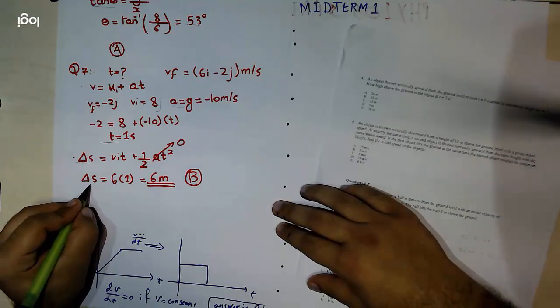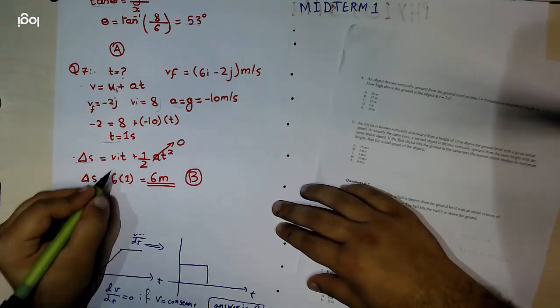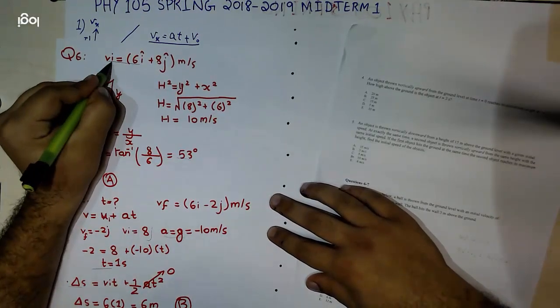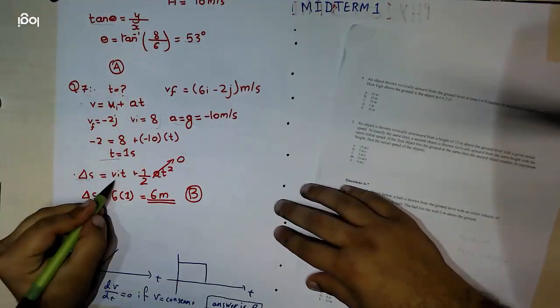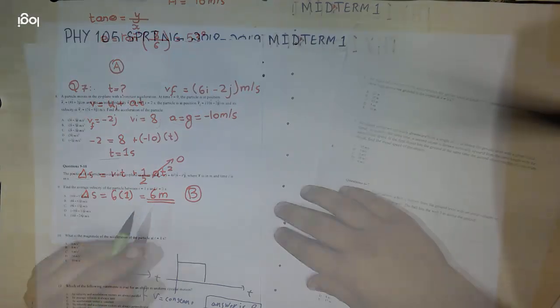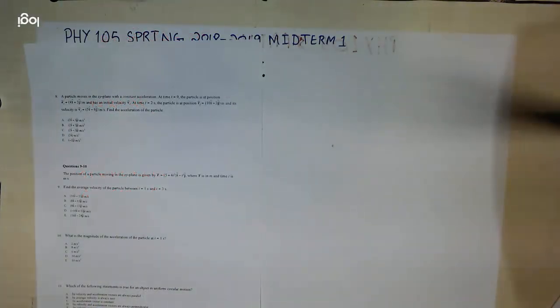We have change in displacement is equal to 6 times 1, where 6 is our initial velocity, which is already given to us. That's going to be 6 meters. This is answer B.